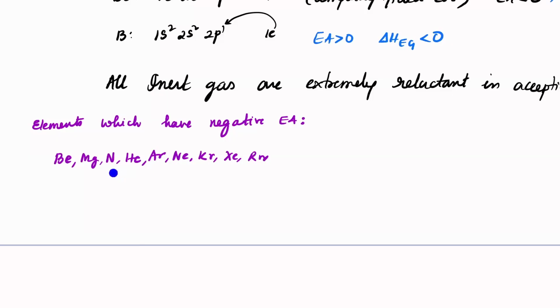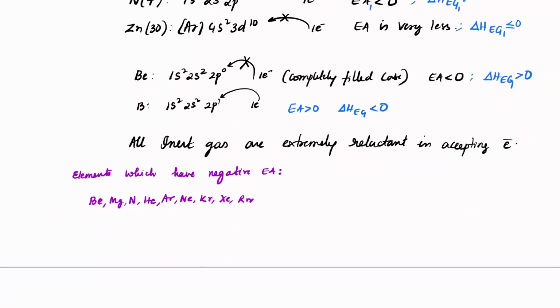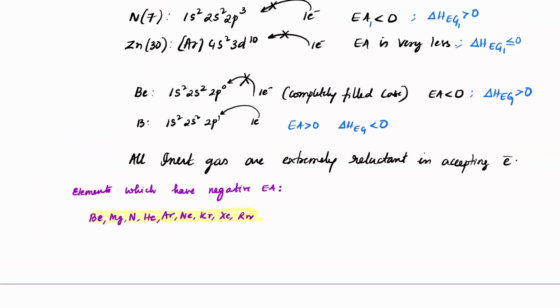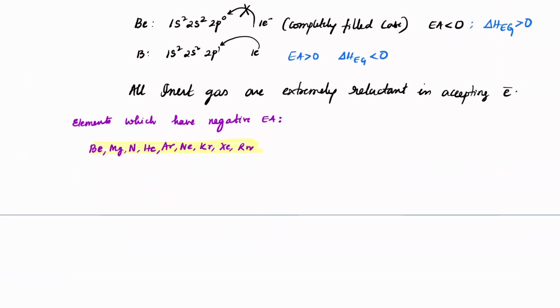So out of which, except the first three, rest all are inert gases only. Okay. Important list, students. Important list here. So you should know which are the elements which will give negative electron affinity or positive delta H electron gain enthalpy.